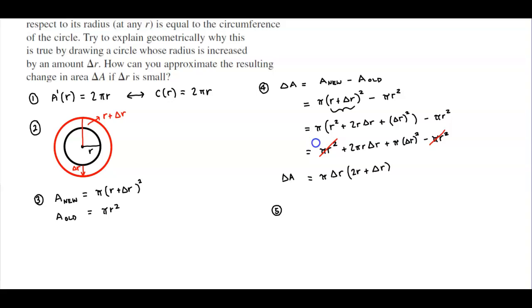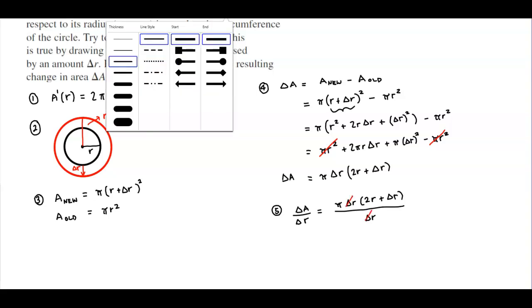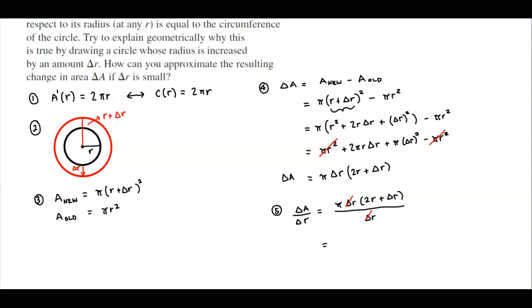So now we want to find the change in the area over the change in the radius. We found what the change in A is, which is pi times the change in r times 2r plus the change in r, divided by the change in r. So we can then simplify the change in r, and what we end up getting is pi times 2r plus the change in r.